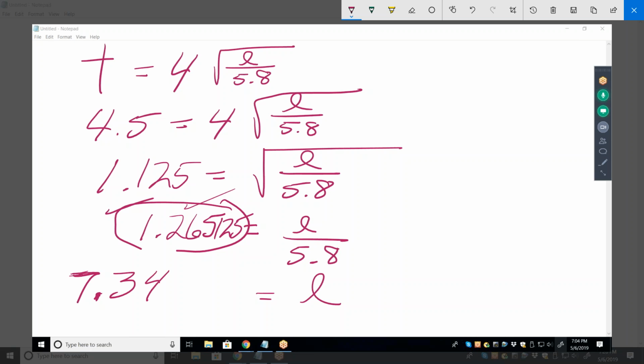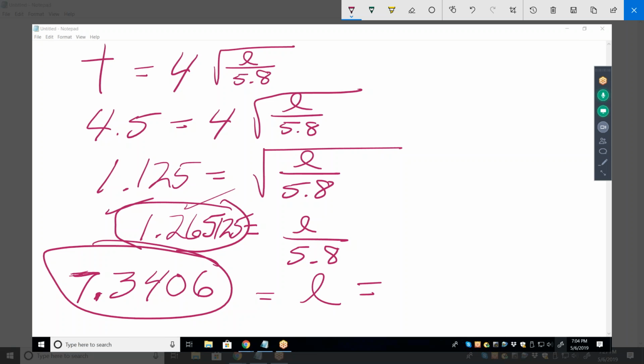Ah, it did make a difference? 7.34. No, it didn't make a difference. Because now when we round, this is where she wants you to round. To the nearest tenth, so 7.3. Nearest tenth means 1 decimal place. Nearest hundredth would mean 2 decimal places. So it really didn't matter. We were going to get 7.3 regardless of where we rounded.